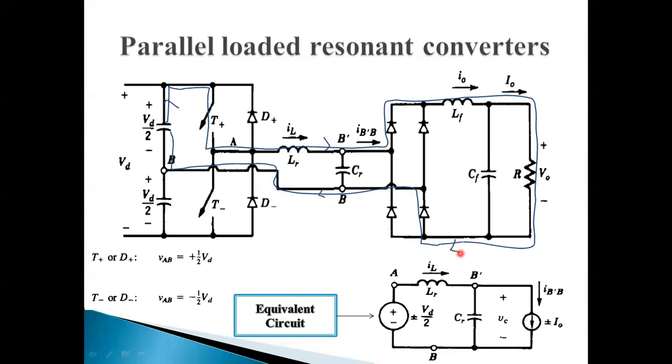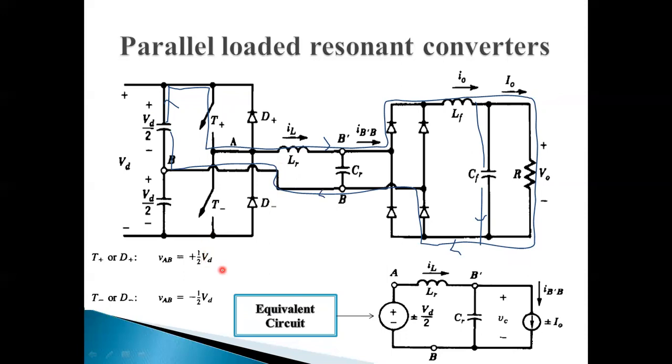Current is also flowing through this filtering capacitor. Nothing changed. So the voltage across A point and B point is positive VD.